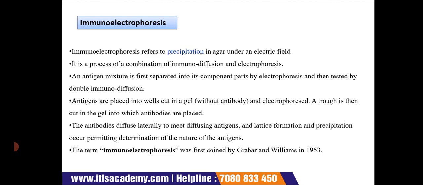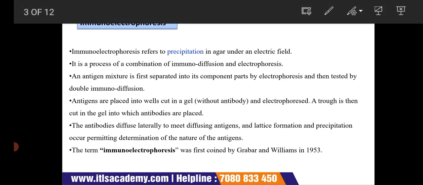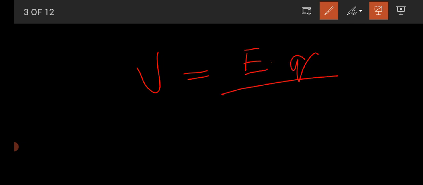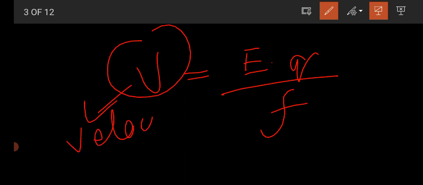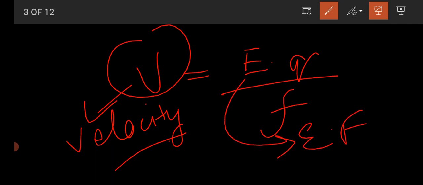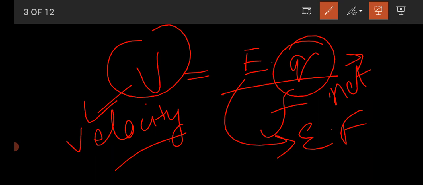The velocity of movement of a molecule can be represented with a formula that I am mentioning here. You can refer to this formula: V is equal to E Q over the frictional coefficient, where V is the velocity, E is the electric field, and Q is the net charge.